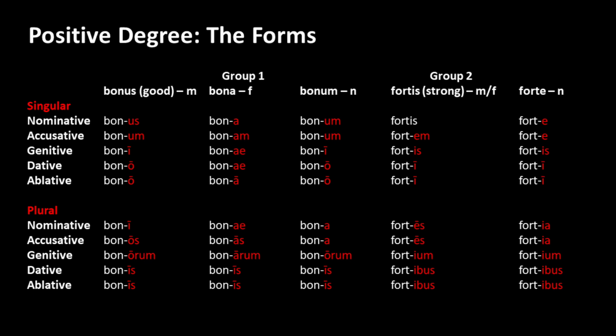As with group 1 adjectives, or as with first and second declension nouns, the forms of these group 2 adjectives should be burned into your memory. You should look on these, indeed you should look on all of the adjectives in these tables with a certain complacency, telling yourself, this is coming to an end.